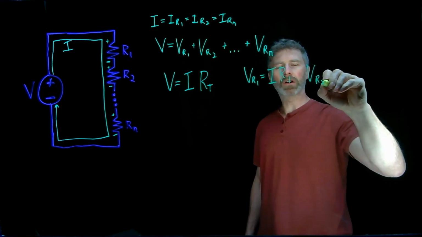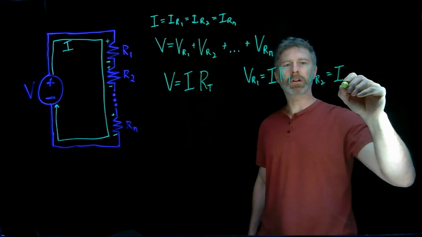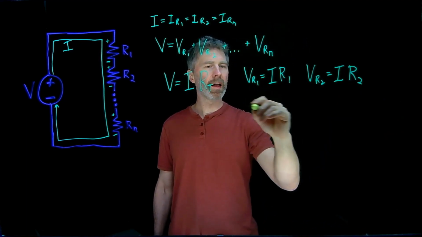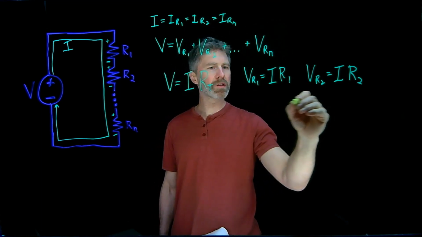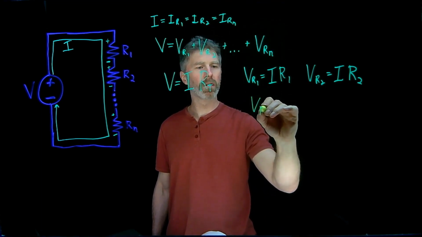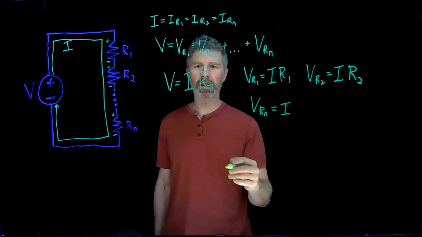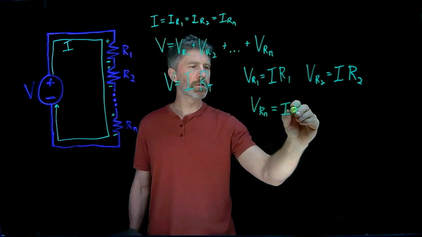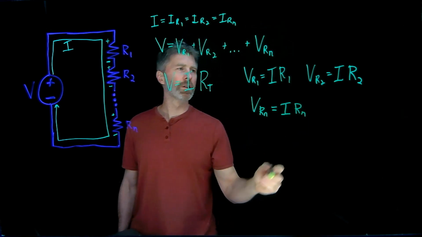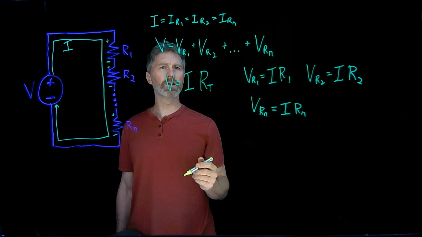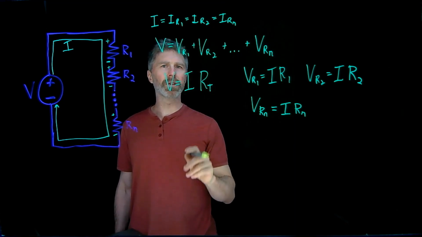The voltage across R2 will be, again, that same current times the resistor R2. And it's going to be the same for all of those resistors all the way up to resistor N. It's the current through it, which is the same for all of those resistors, times the resistance of N.